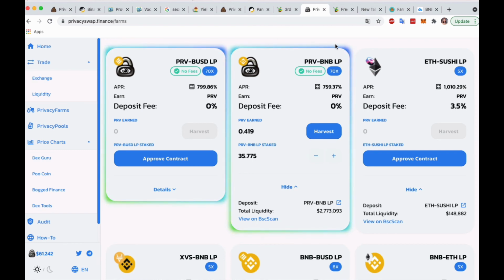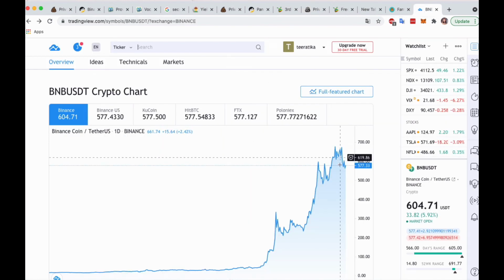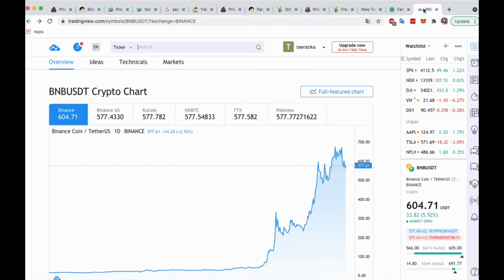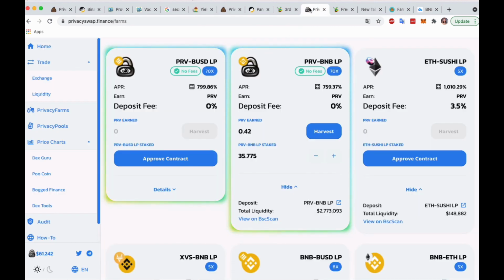And once the market has found a support level and is about to regain itself, then you can switch back from PRV BUSD to PRV BNB, and this enables you to enjoy the possible capital gain in the underlying asset as well.